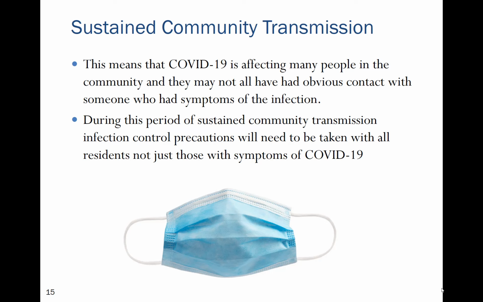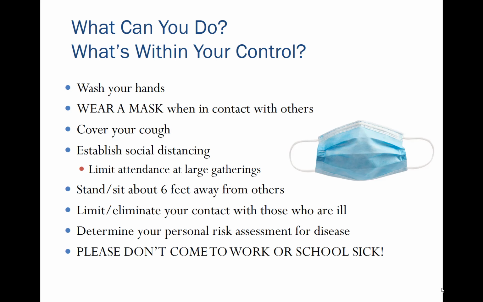So this means in a community with a high rate of transmission, every single resident needs to wear a mask. And indeed, I think if the whole nation just adopted mask wearing, this would have a dramatic effect on the control of this disease.